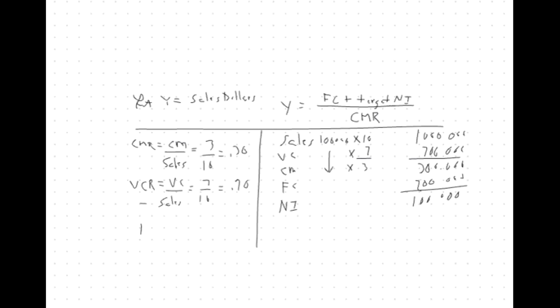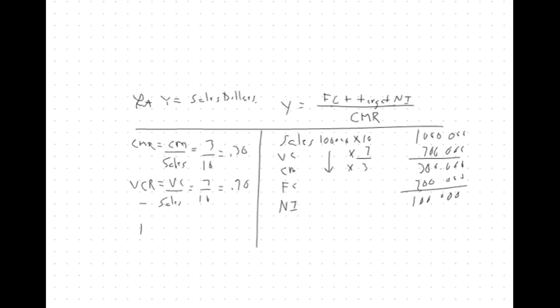So the Y formula can also be used to solve the other problem that we're going to get to. Y gives you sales dollars. Y equals fixed cost plus target net income divided by contribution margin ratio.